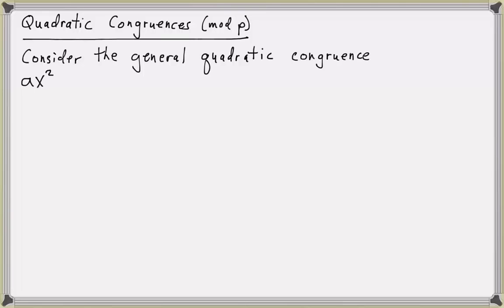ax squared plus bx plus c congruent to 0 mod p, where p is an odd prime.